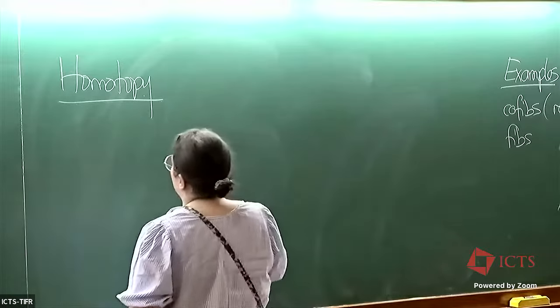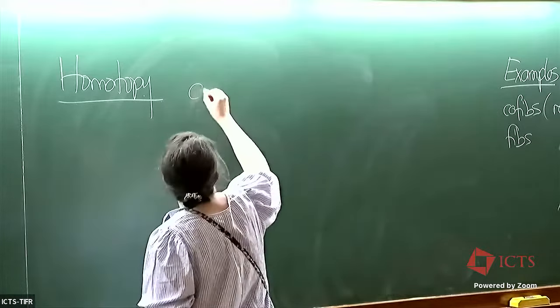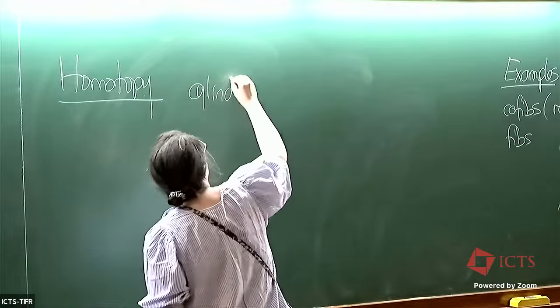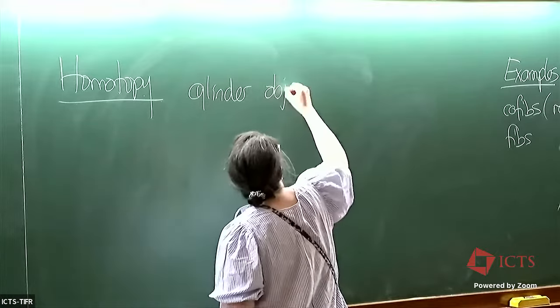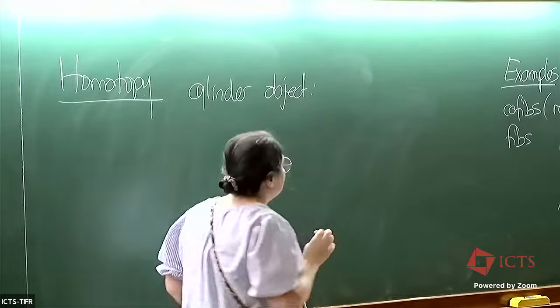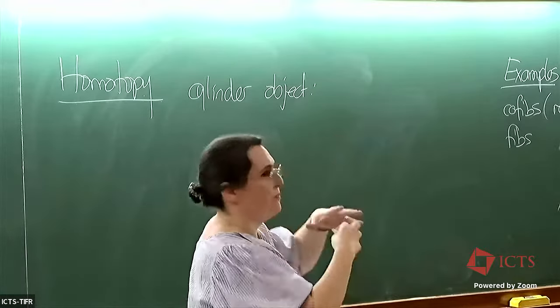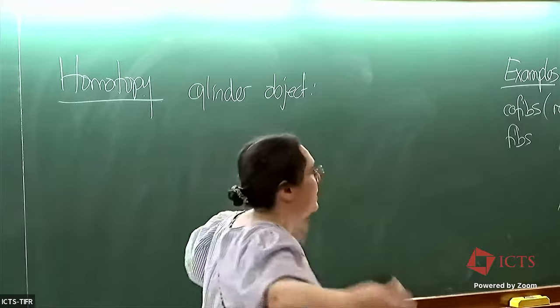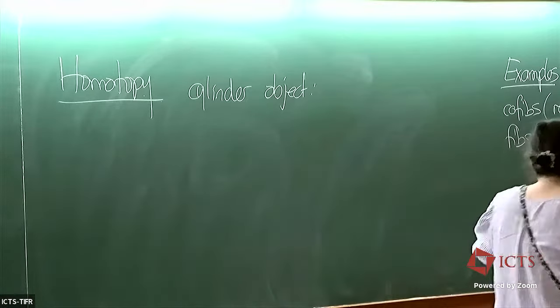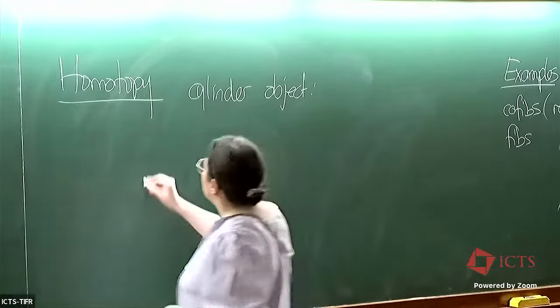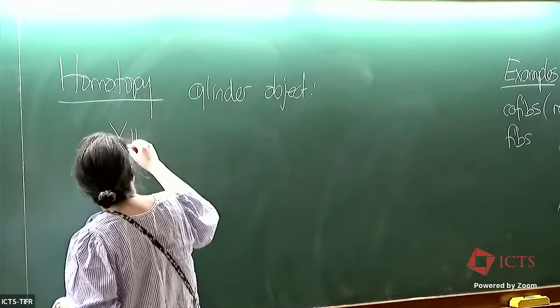So you start with defining what a cylinder object is. And in a way similar to yesterday morning, it's not just the object, but also the data of the maps that arise alongside it.